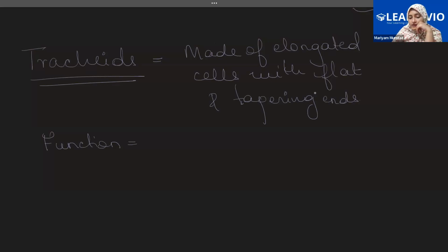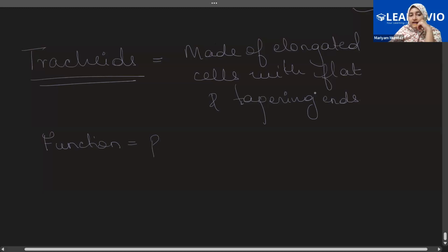Now talking about the function. The tracheids provide a network so that the water transport can happen. Imagine it being connected from one cell to another cell and it conducts water in them.